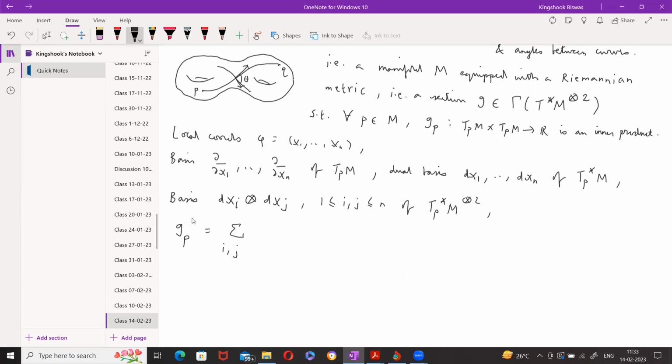So in this case, dxi tensor dxj is my ei star tensor ej star, and the coefficient of this will be my multilinear function g_p acting on ei, ej, which is del del xi, del del xj.